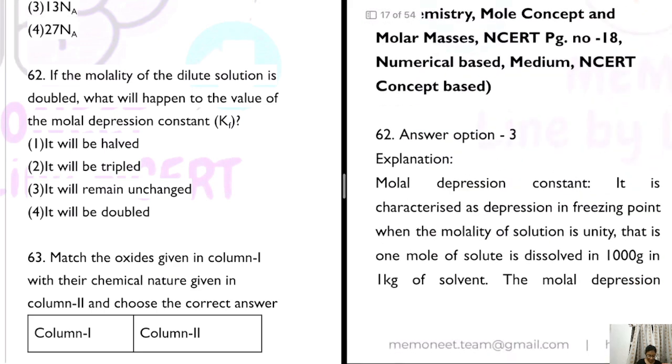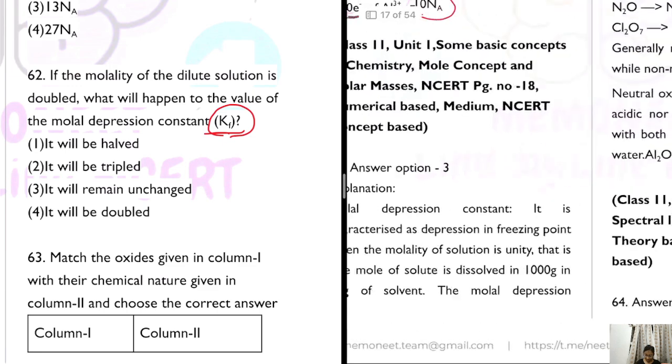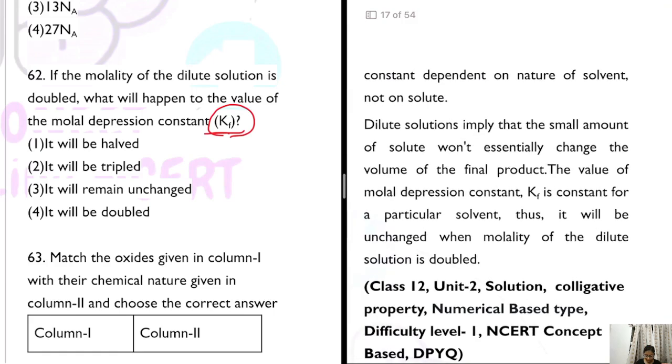If the molality of the dilute solution is doubled, what will happen to the value of molal depression constant? See, the value of the molal depression constant will not depend upon the nature of the solute. It will only depend on the nature of the solvent. A dilute solution implies a small amount of solute, which won't essentially change the volume in the final product.